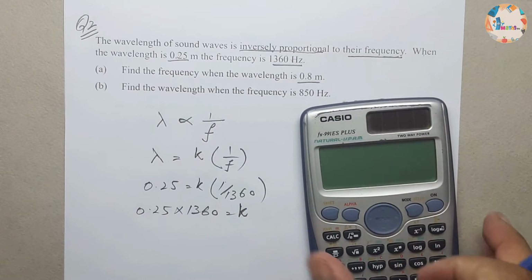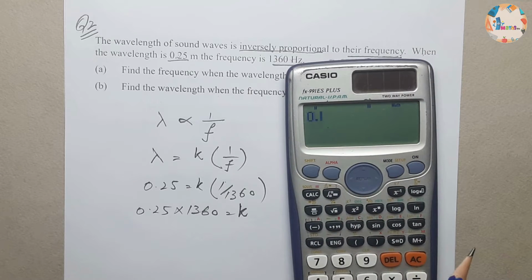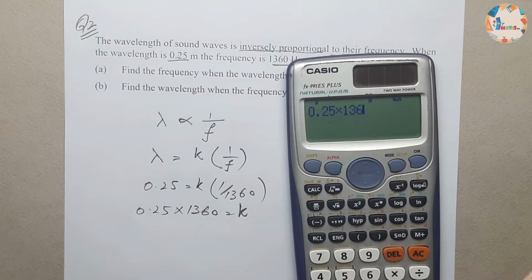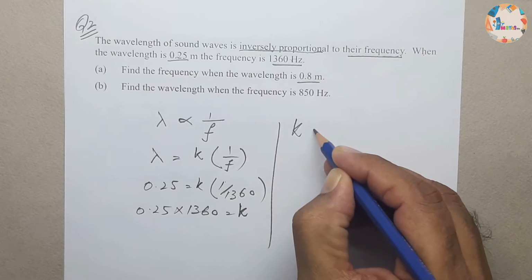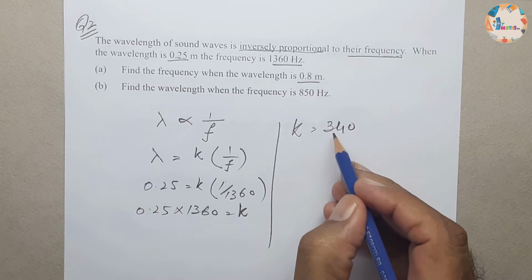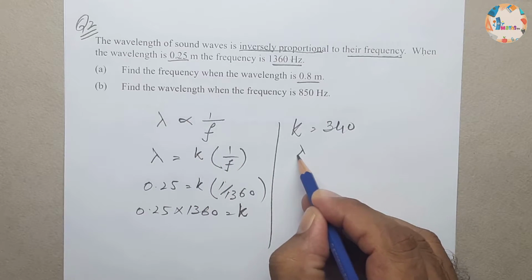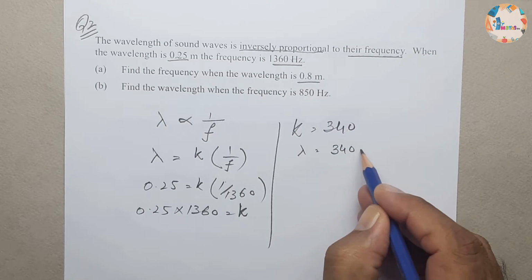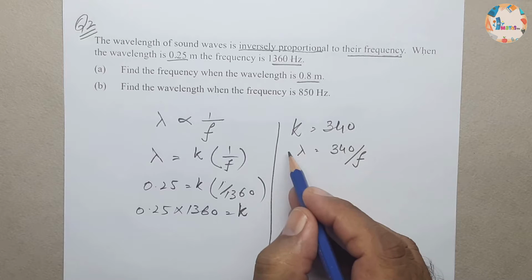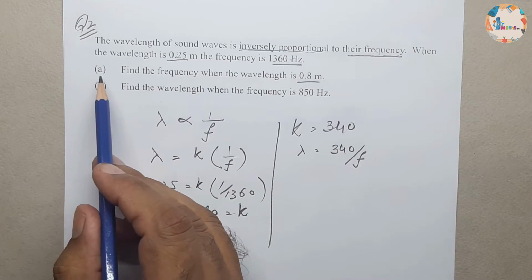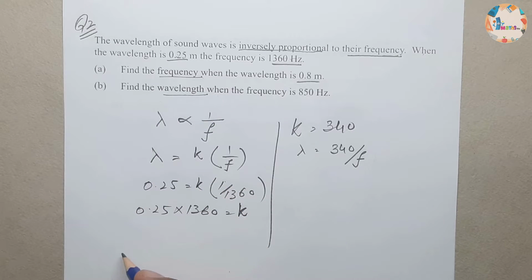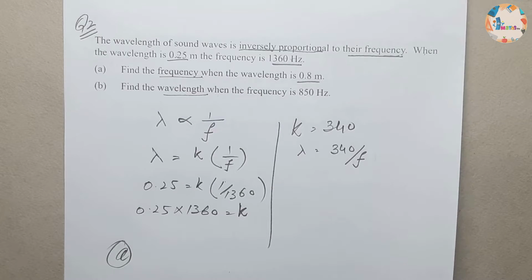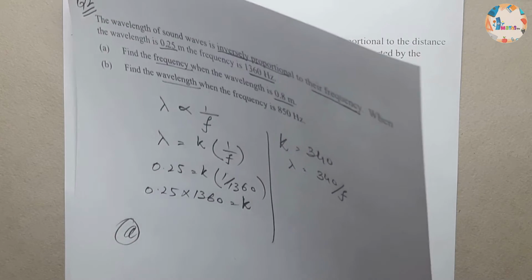Using the calculator, 0.25 multiplied by 1360 is equal to 340. So the value of k is 340, and we replace this in the equation: lambda is equal to 340 over f. This is our equation, which we can use to find frequency in part A and wavelength in part B. In part A, find the frequency when the wavelength is 0.8 meters.